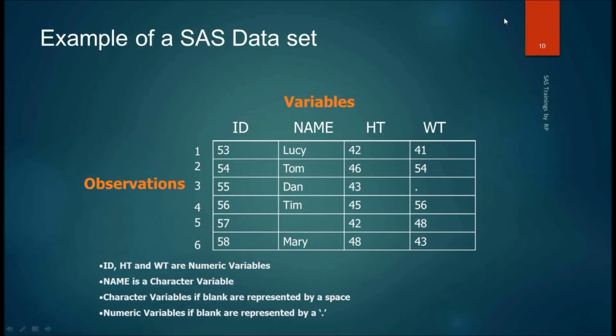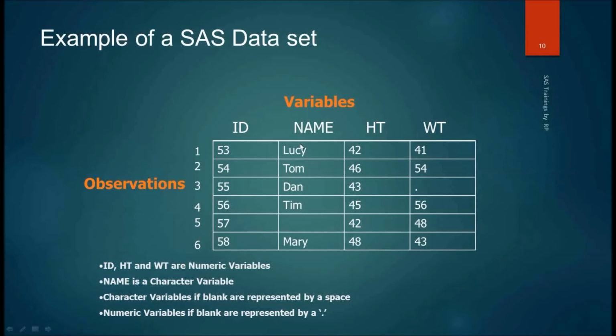If you see the example of a SAS dataset here, we have 4 variables and 6 observations. The 4 variables are ID, name, HT, and weight, presented vertically. And the 6 observations, 1, 2, 3, 4, 5, 6, are presented horizontally.